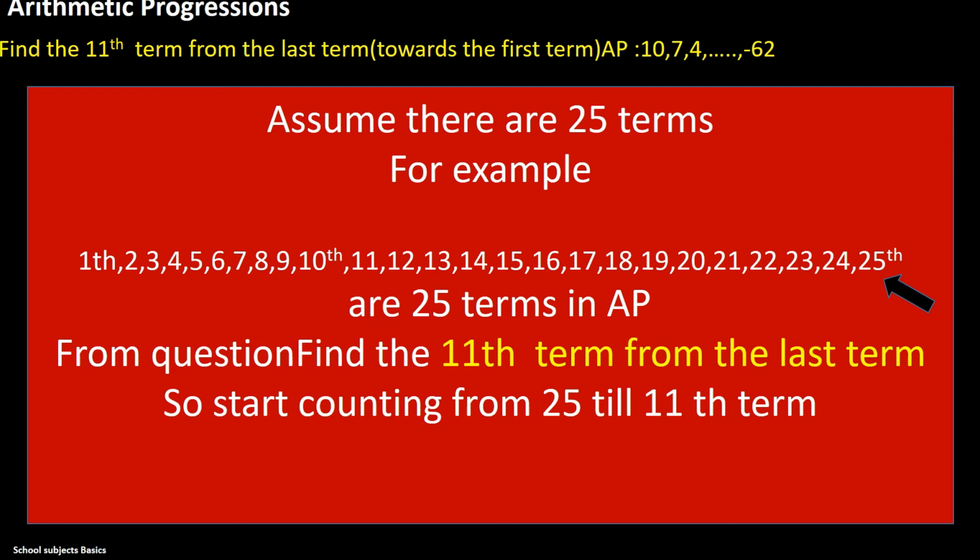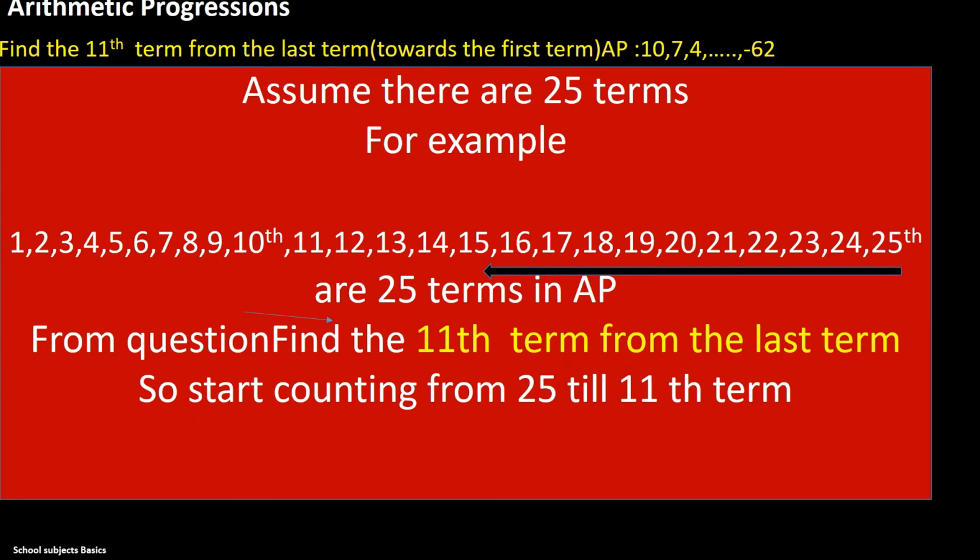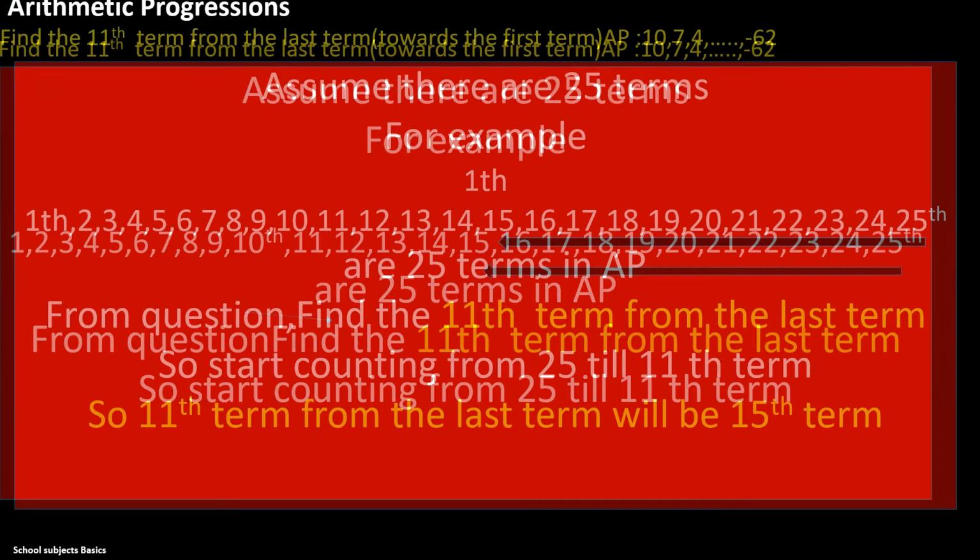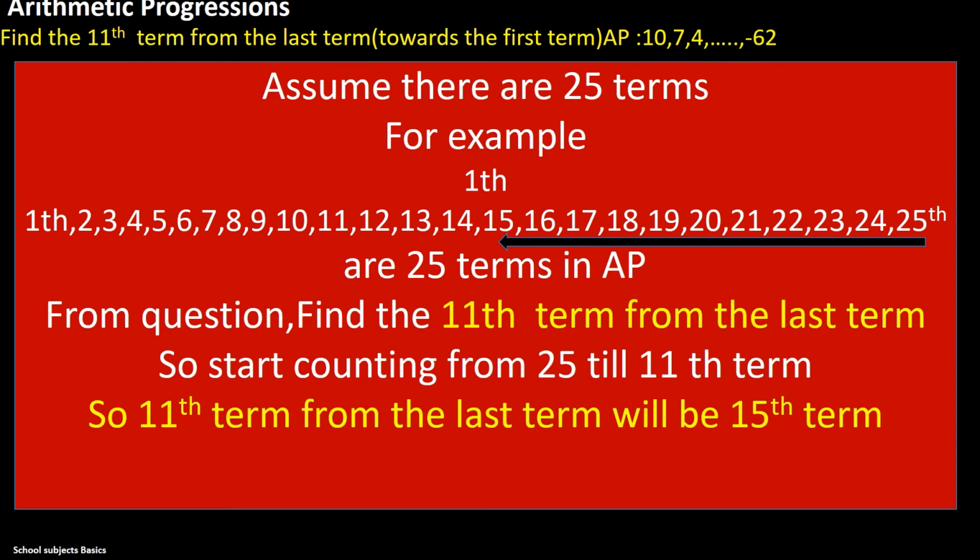That is 25, 24, 23, 22, 21, 20, 19, 18, 17, 16, 15. If it were from the first term, we would count from 1, but since it is towards the first term, we count backward. So the 11th term from the last term will be the 15th term.